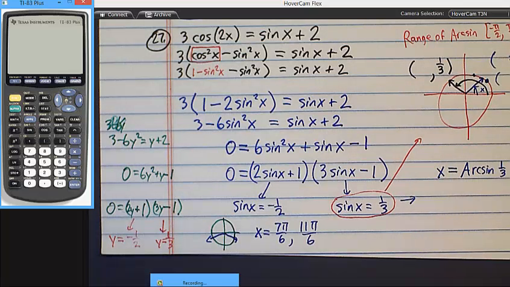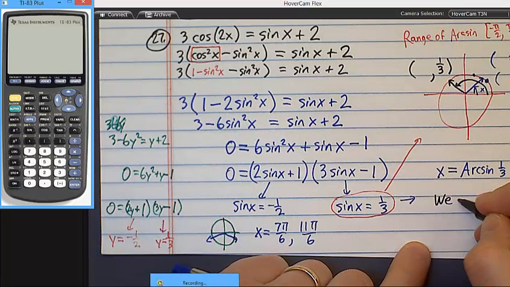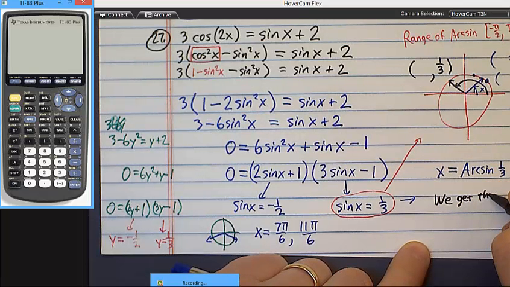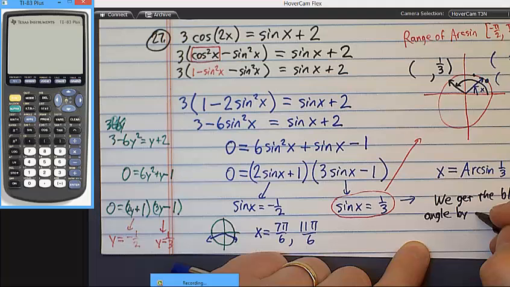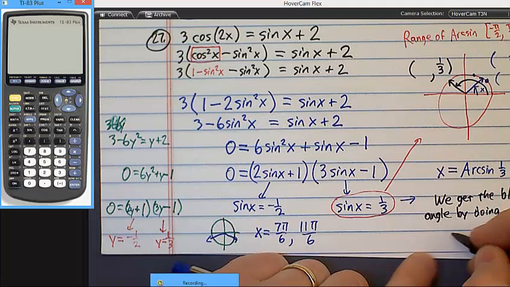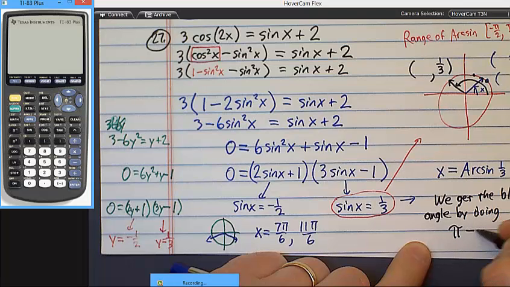You with me? So to get the last angle, the black one, we get the black angle by doing, and let's see if this makes sense to you, pi minus the arcsine of 1/3. Because what's pi?